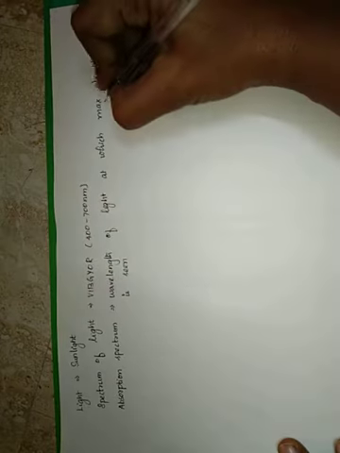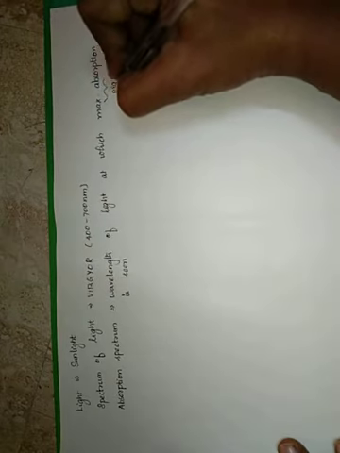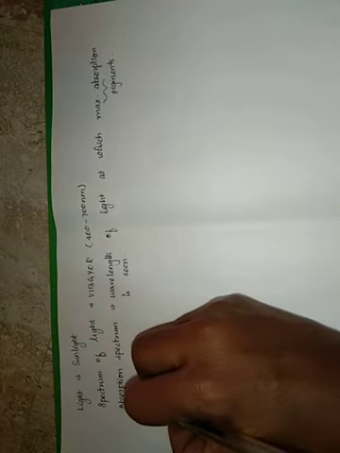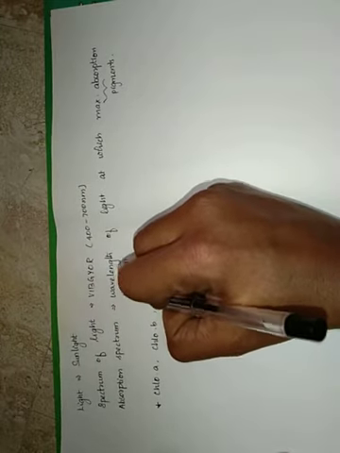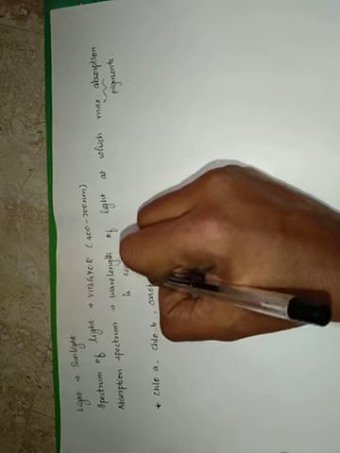So absorption is seen in the pigments. Since the pigments that are most commonly present in the higher plants are going to be chlorophyll A, chlorophyll B and carotenoids, we will just compare the absorption spectrum of these three pigments alone.